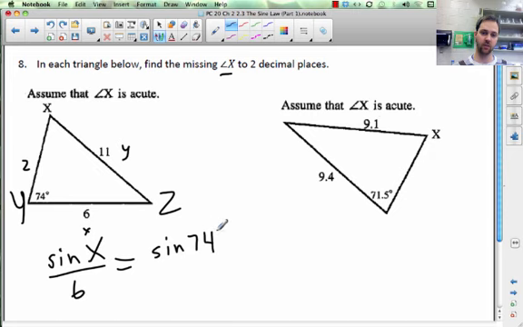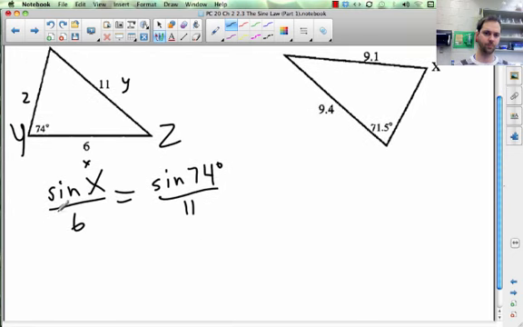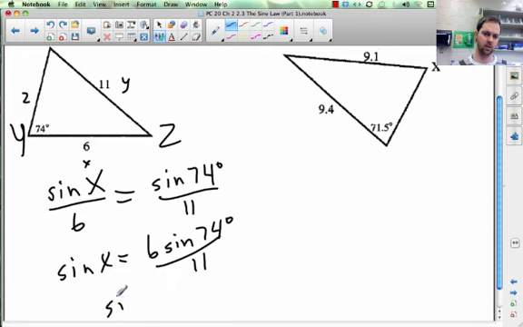So sine of 74 over the side length y, which is 11. So we're solving for this, so sine x equals 6 sine 74 degrees divided by 11.